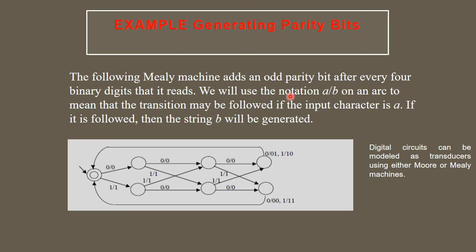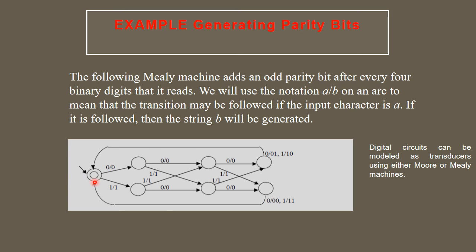We will use the notation A bar B on an arc to mean that the transition may be followed if the input character is A. If it is followed, then the string it's going to generate will be B. So this is the notation we are using in every transition. Whenever it reads input character A, the string B will be generated.